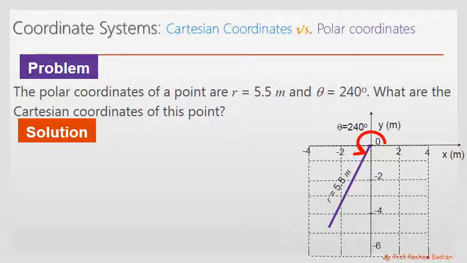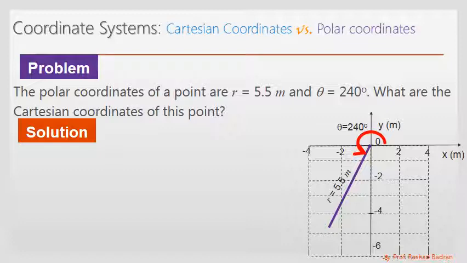Here it should be noted that r is drawn from an origin in the third quadrant to the end of its length, 5.5 meters, where the angle theta is 240 in the counterclockwise direction with respect to the positive x-axis.